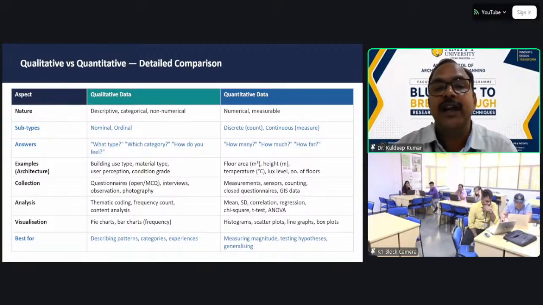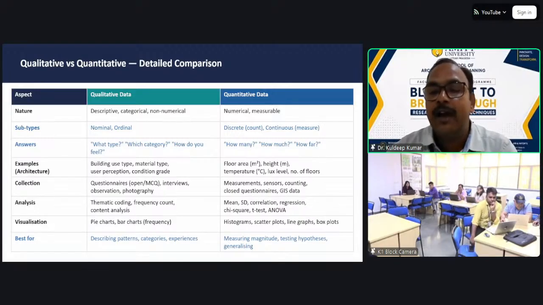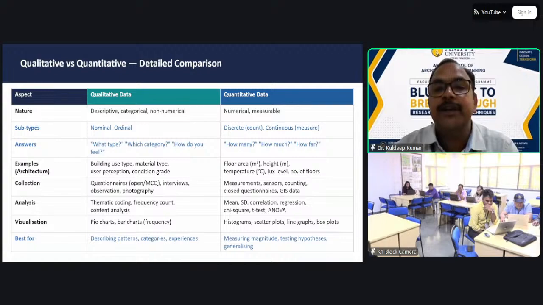So you describe with qualitative data and you measure with quantitative data, right? So I'll repeat, you describe with qualitative data and you measure with quantitative data. Now you can see together both these data build the argument in a rich and rigorous way.